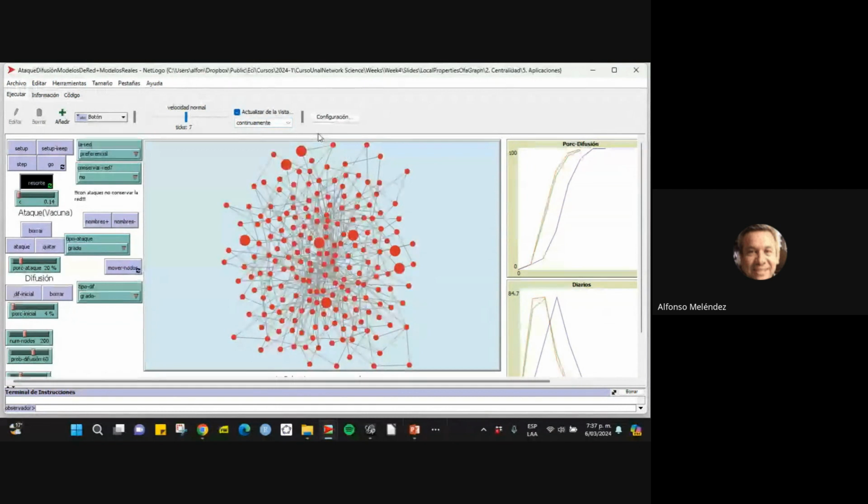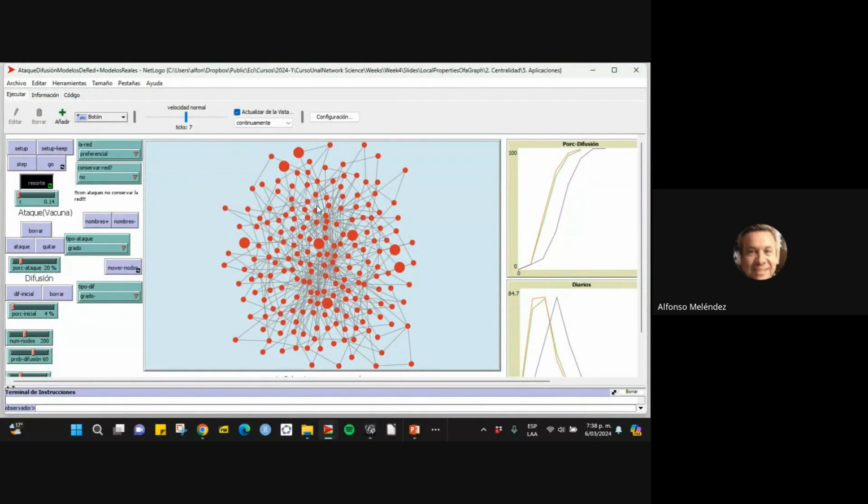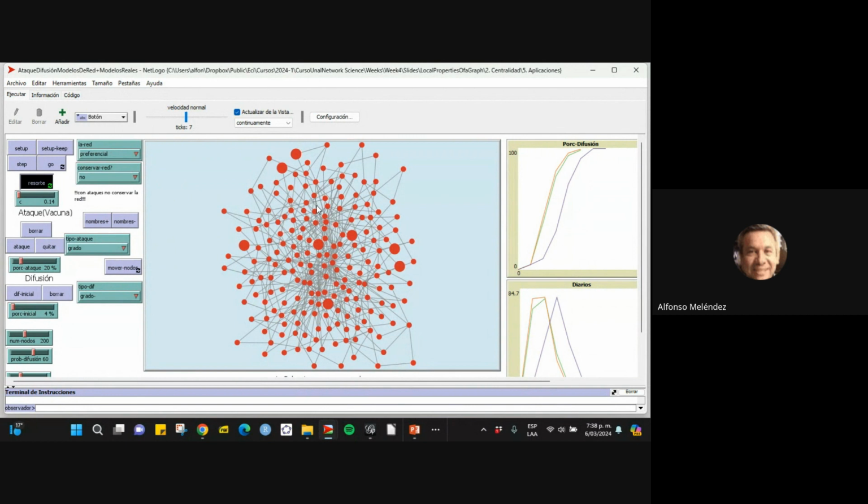This is studied very much. Remember that last week, when there were your presentations, they were talking about viral marketing and diffusion, and this is a very interesting problem, a very complicated problem. When you have a network, what nodes are the best for diffusion, or what are the best for attacking, etc. And you can see the different centralities and compare them.